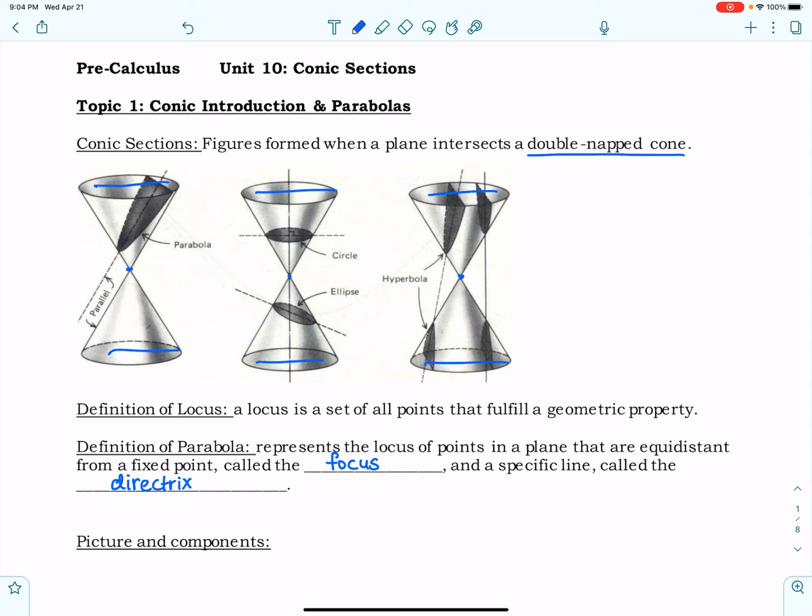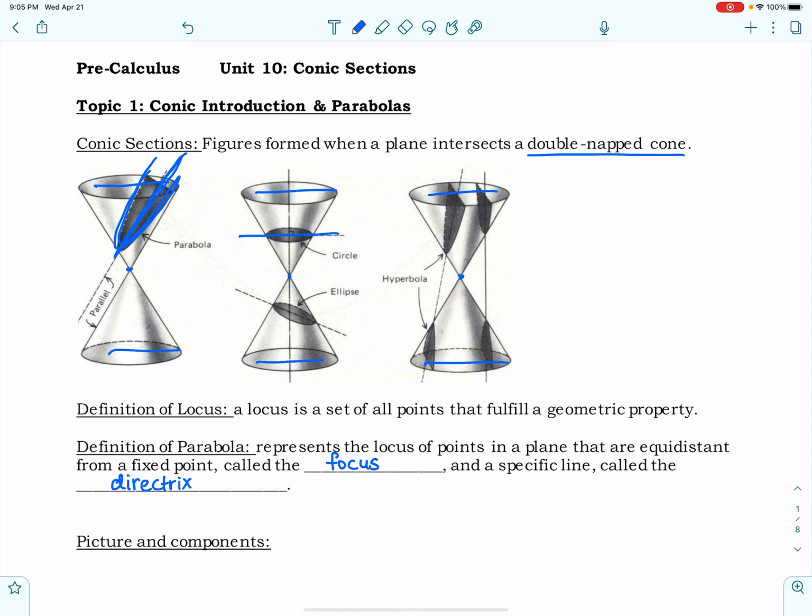And conic sections are basically the shapes or images or figures that are formed when a plane intersects this double napped cone. So here's the deal. If it bisects it at an angle like this, you end up getting a parabola.